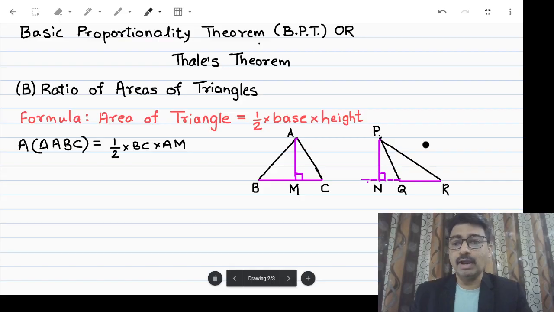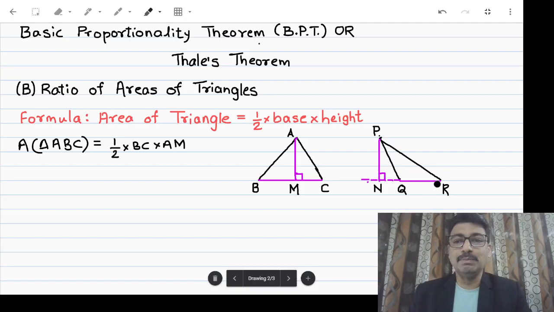Similarly, for triangle PQR, if I consider the base QR, what will be the height? Height will be drawn from the third vertex P on the base QR. Now when I try to draw a perpendicular, it is coming outside the base QR. So I extend the base QR and draw the perpendicular PN.